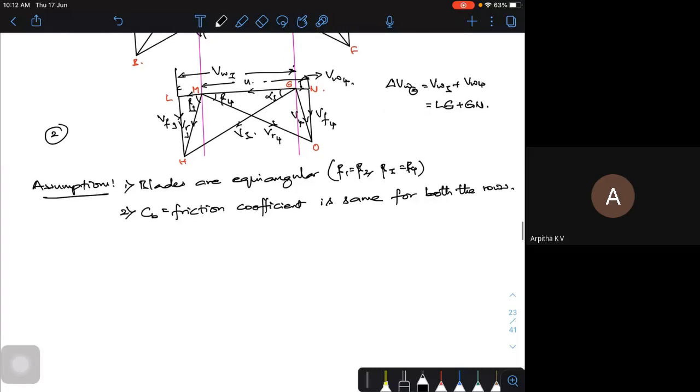Then what is the CB? That is CB is equal to VR2 by VR1, which is equal to VR4 by VR3.